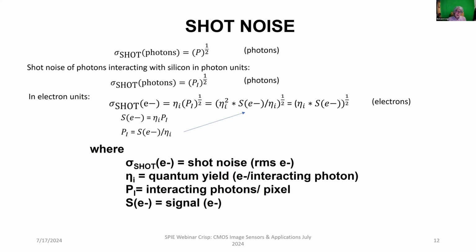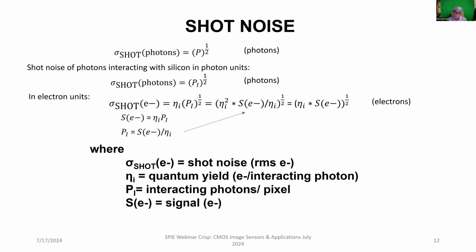So numerically, the shot noise in electron units associated with an incident photon would be n sub I times the square root of the number of incident photons, which if you work through the math, just reduces down to the square root of the signal in electrons times the quantum yield, but the quantum yield is equal to 1.